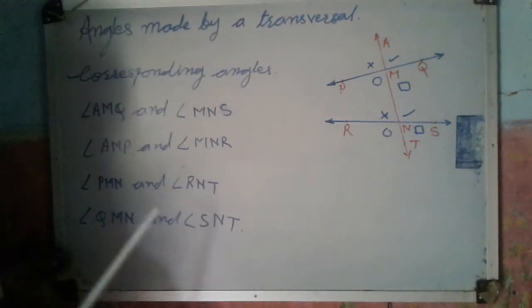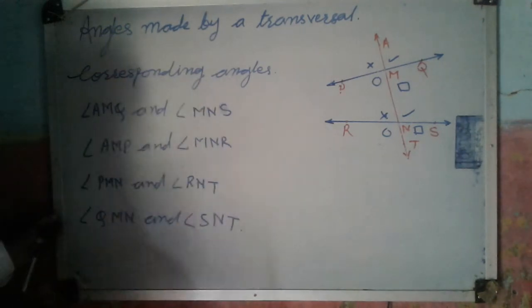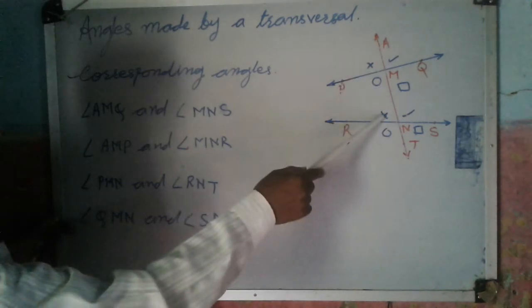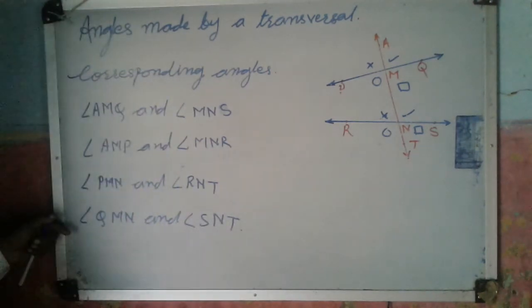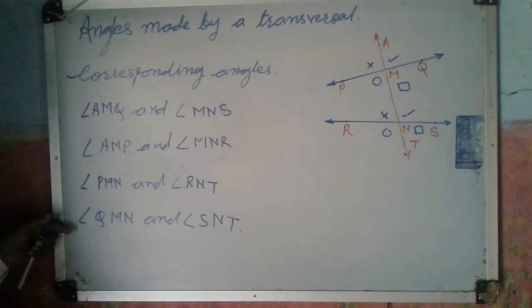In this way, there are four pairs of corresponding angles. This one pair, this second pair, third, fourth. In this way, such types of pairs are called corresponding angles.